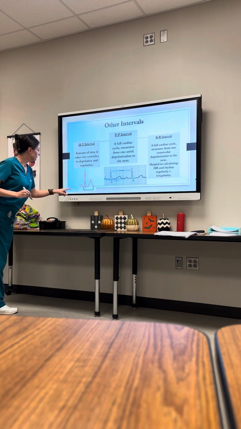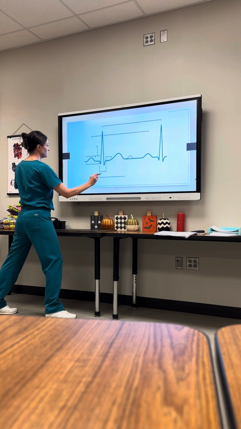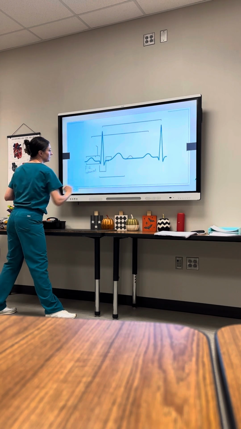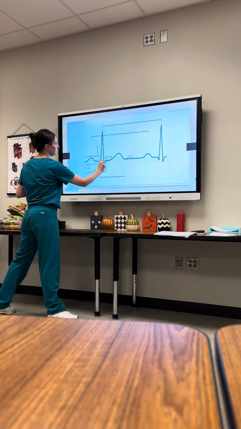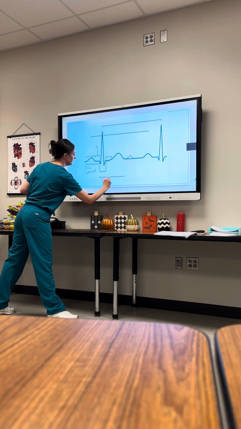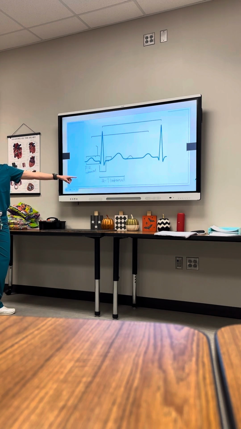Okay, let's label them. We good? Let's start with this PR interval. I'll have this one labeled. We talked about the QT interval here. So you got your QT interval there at the bottom.